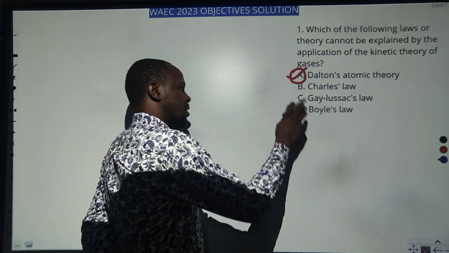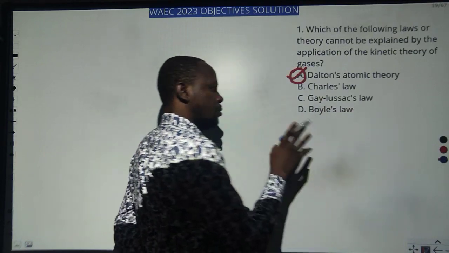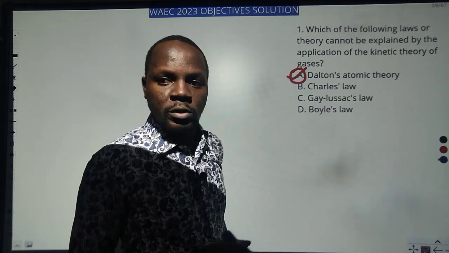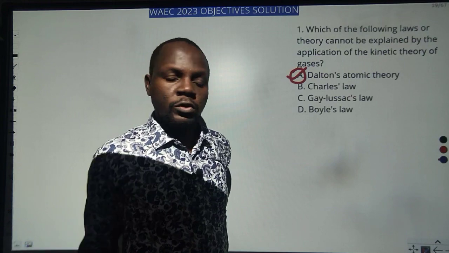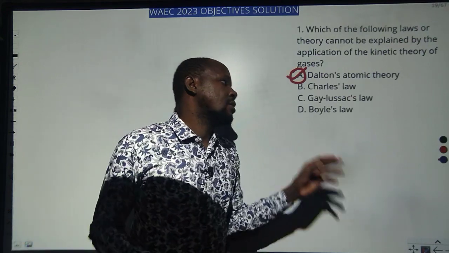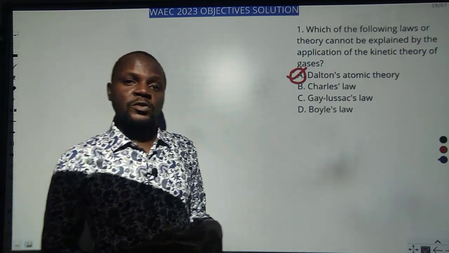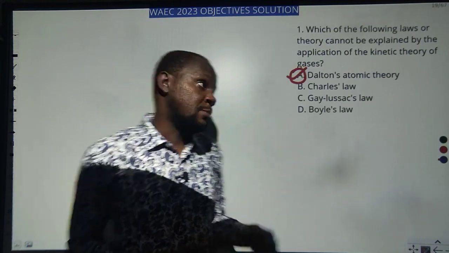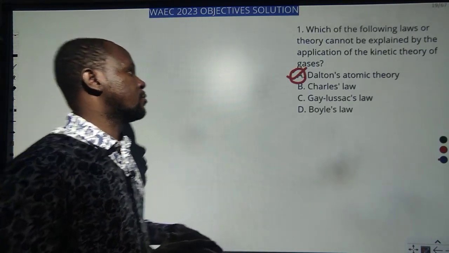Every other option, like Charles' law, Gay-Lussac's law of combining volumes, and Boyle's law, all talk about the so-called kinetic theory of gases. So it's very simple to know. Next, please.